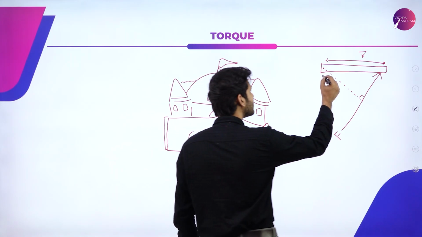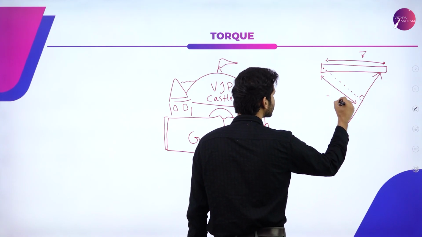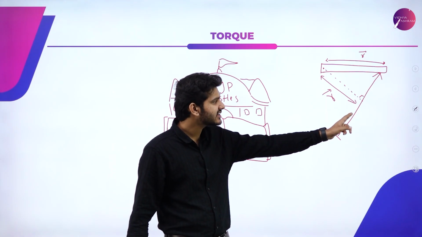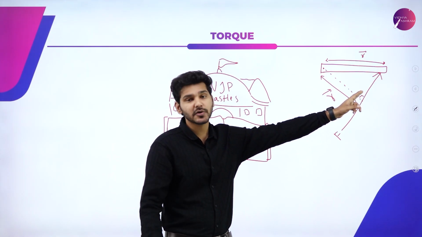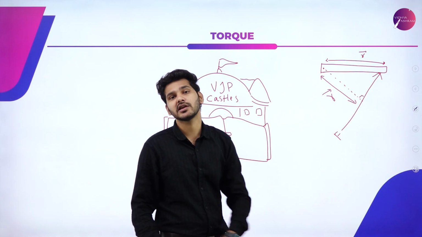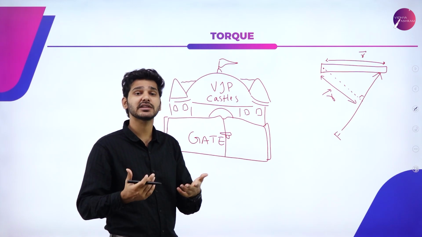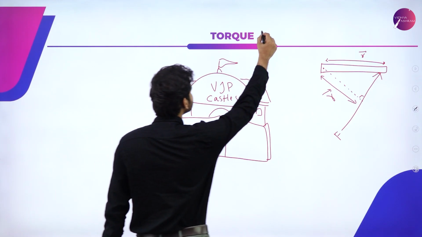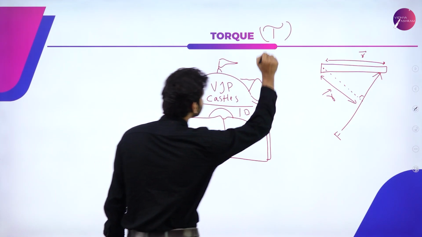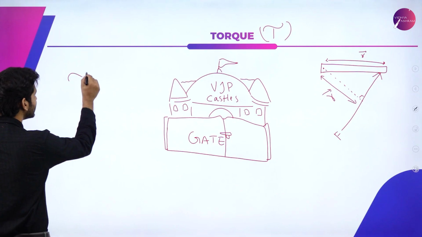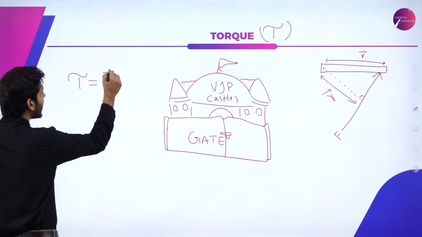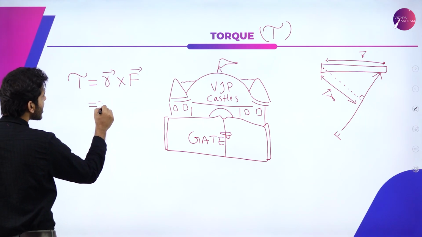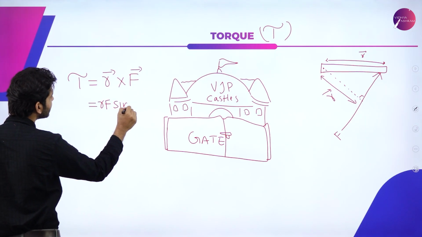So this is the perpendicular arm distance which is indicated by R. Okay, so the cross product of this particular distance with the force will give you torque. That is the mathematical definition. That is, torque, represented by a wavy T like this, is actually equal to vector R cross vector F, or simply RF sine theta.